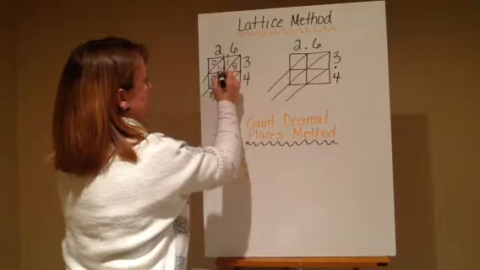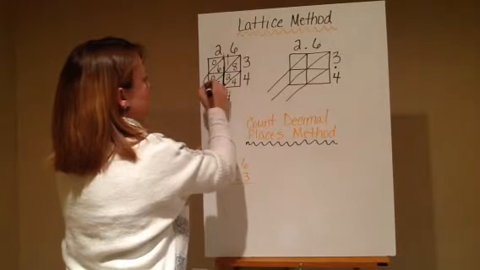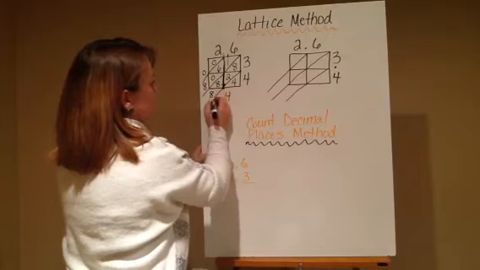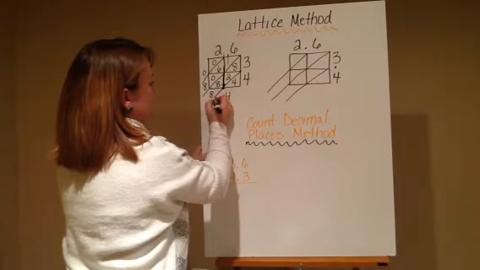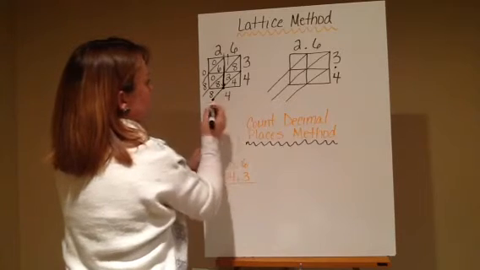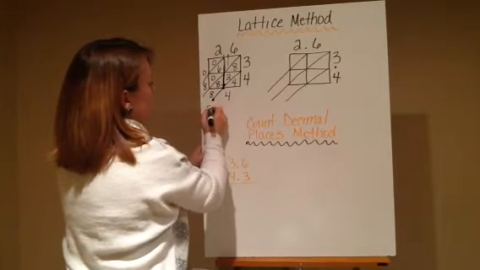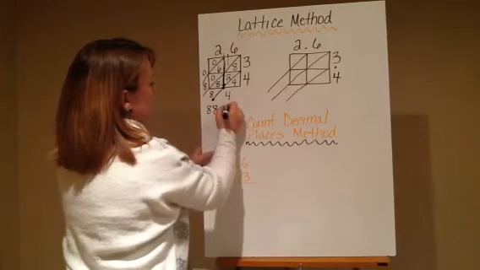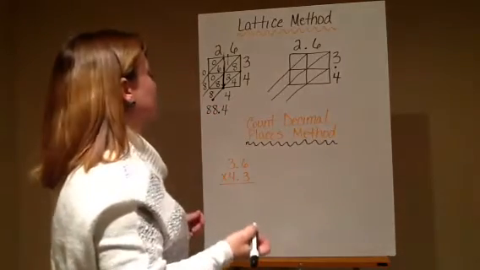Regroup. 6, 7, 8. And this is 0. And my decimal point, as you can see, is going to follow down to the end of this line here. And so my answer would be 88 and 4/10.